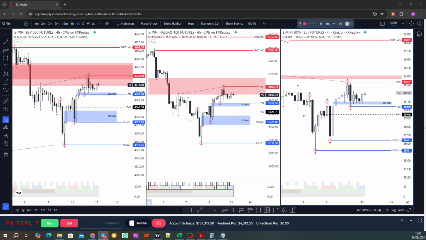Okay, so currently no high time frame cracking correlation. I have noted this because we've traded into a daily SIBI. It's piqued my interest, let's just say. I mean, it's run out of liquidity.